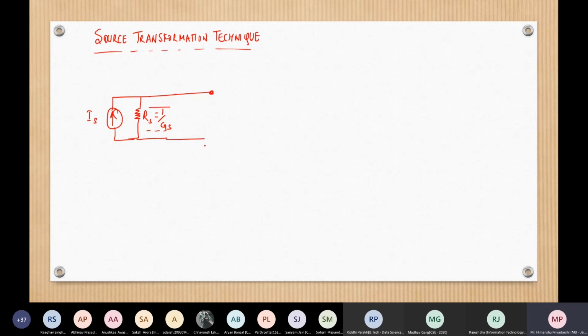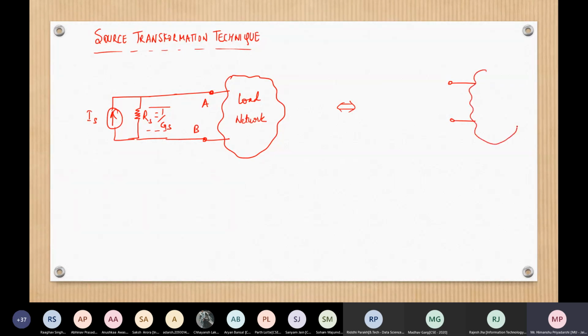Something is connected across the load. I want everything in terms of a voltage source.